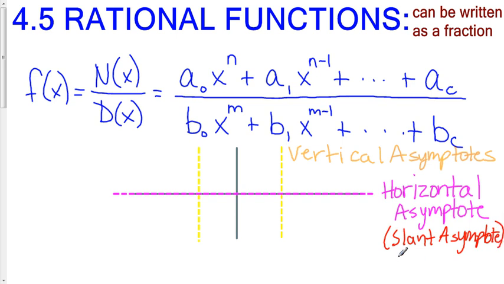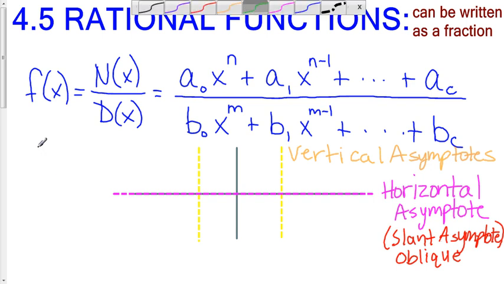And this book may even call it an oblique one. Now, the reason I put that in parentheses is because you cannot have a horizontal asymptote and a slant asymptote in the same polynomial rational function. There's either one or the other, or maybe there isn't either one of them, but you can't have both.